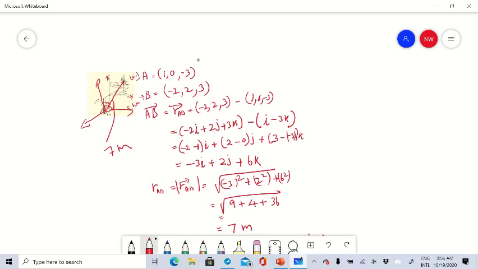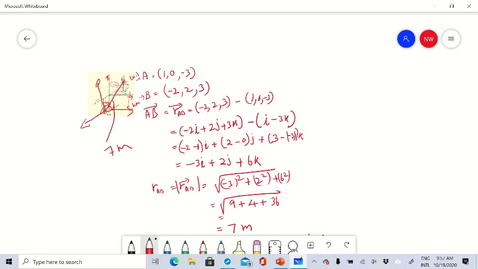From here you should travel -3 distance along the x-axis, then +2 distance along the y-axis, then travel 6 meters along the z-axis to reach the point B, right? So that is the position vector, right?